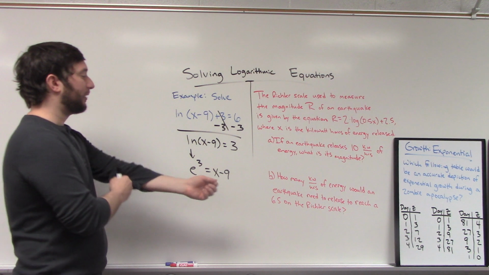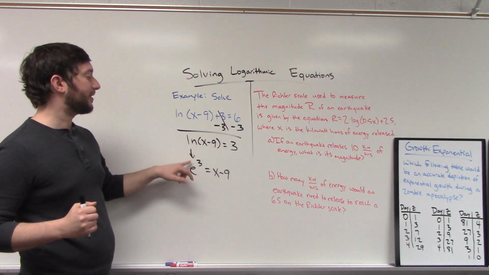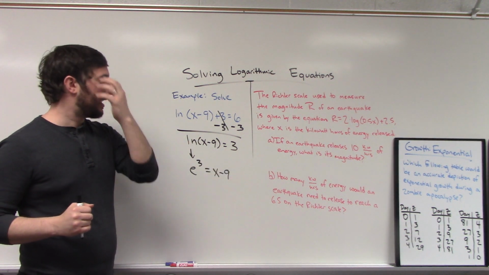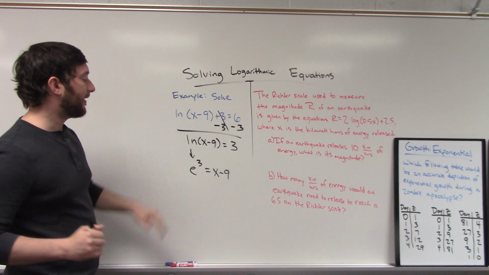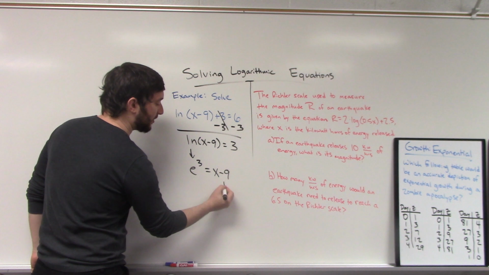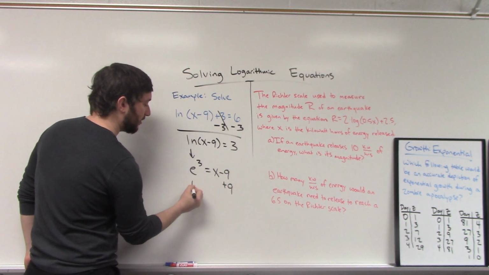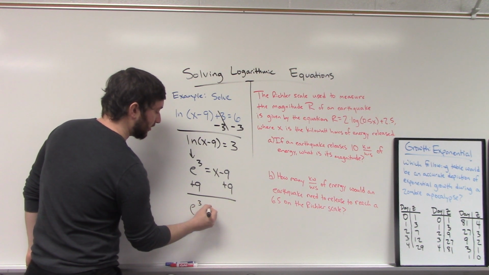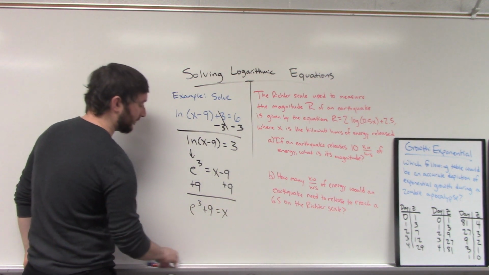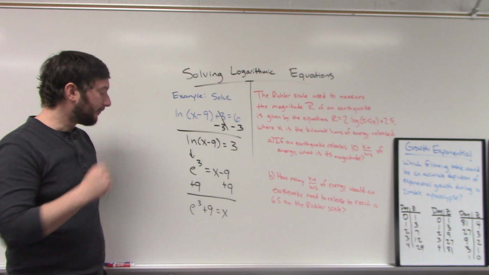And that exponent will now be a 3 because it started on the right, moves to the left. X minus 9 moves from the left to the right. And finally, adding this number to both sides allows us to solve for x.